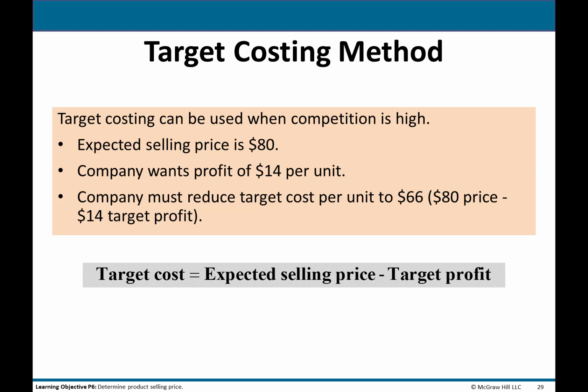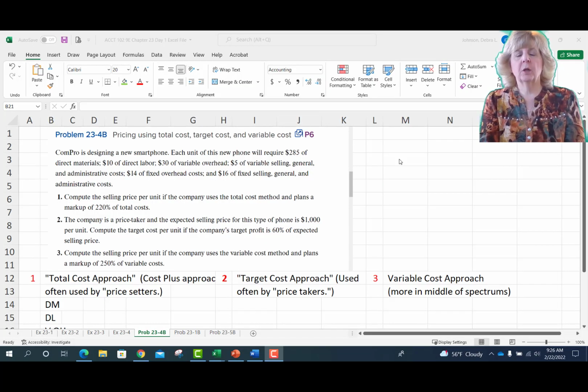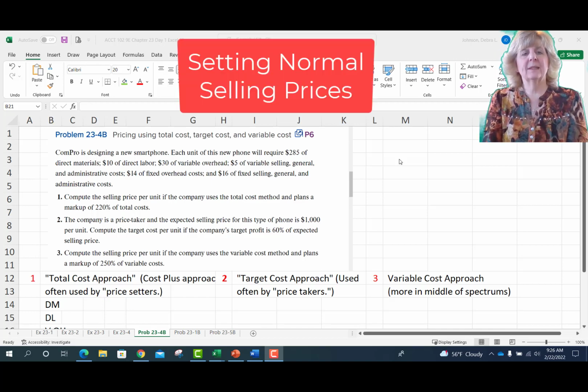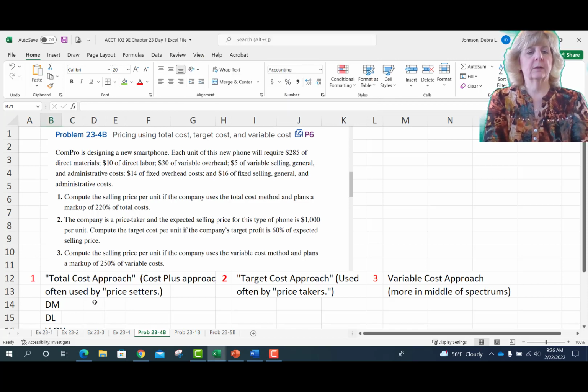Again, read this section of the book, as we'll quickly do a couple of exercises related to setting normal selling prices, so that when we come back on day 2, we can talk about accepting special short-term selling prices. Okay, let's jump in and get our hands dirty and take a look at one of the problems that deals with setting a normal longer-term selling price.